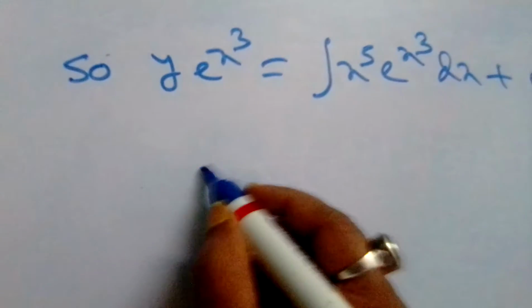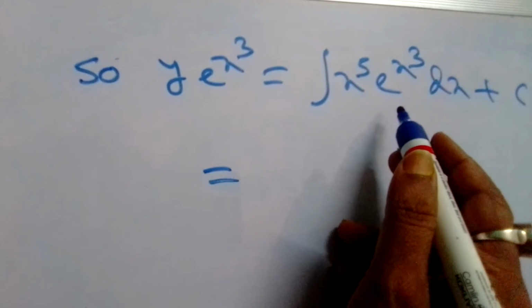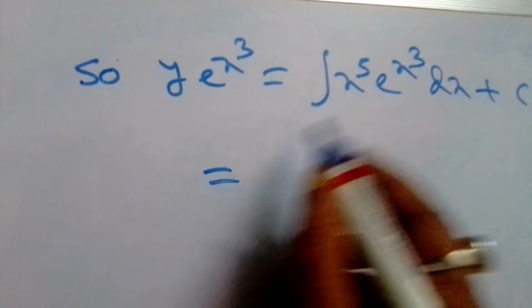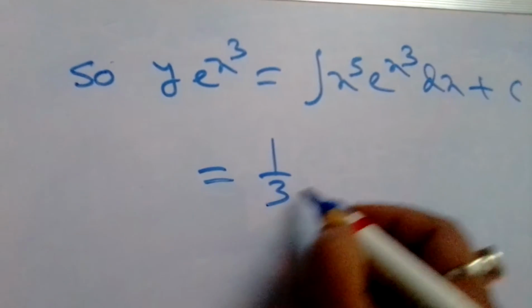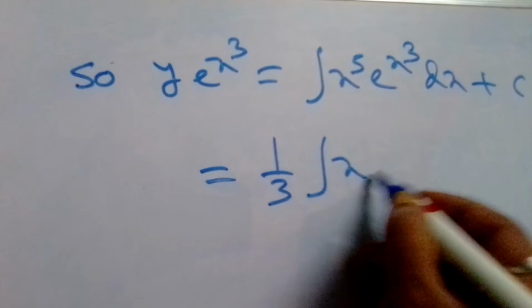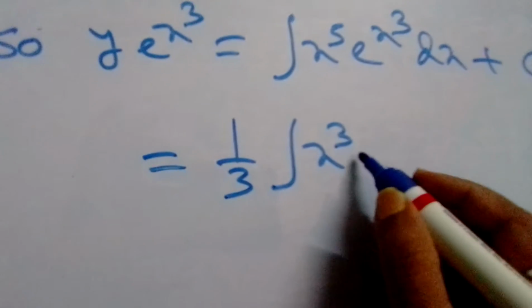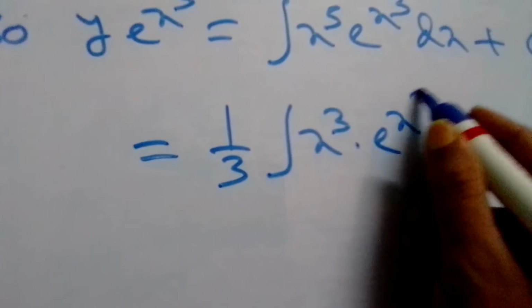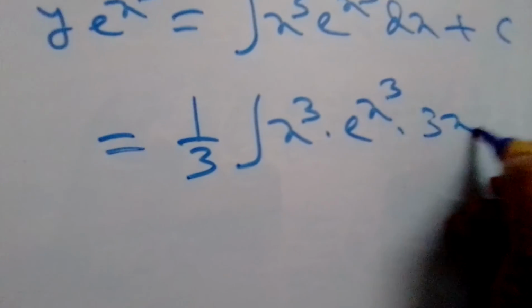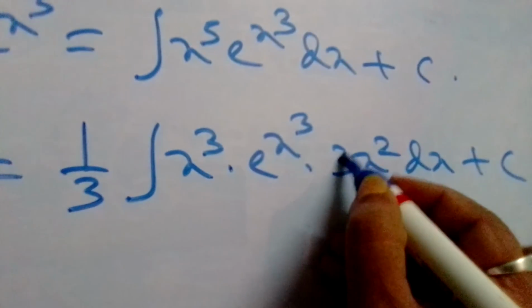And here we take 1/3 of the integral, and put this into e to the power x cube into 3x squared dx. But why are we doing it this way?